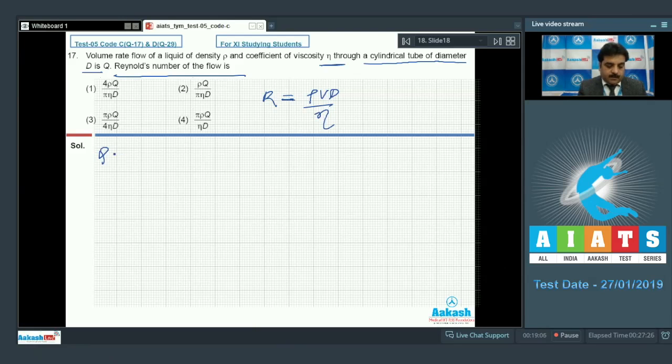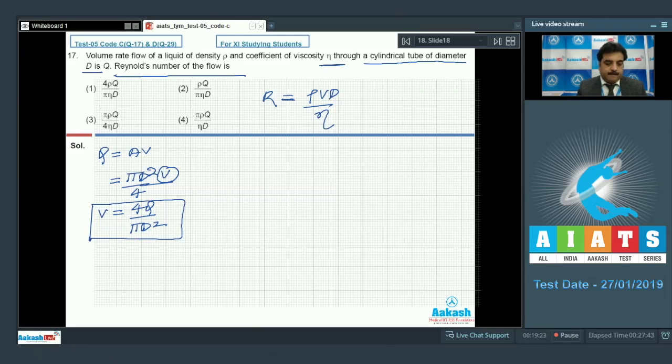If I use the principle of continuity and write the area in terms of diameter, the speed v is 4 times Q upon pi d square. This is the value of speed.